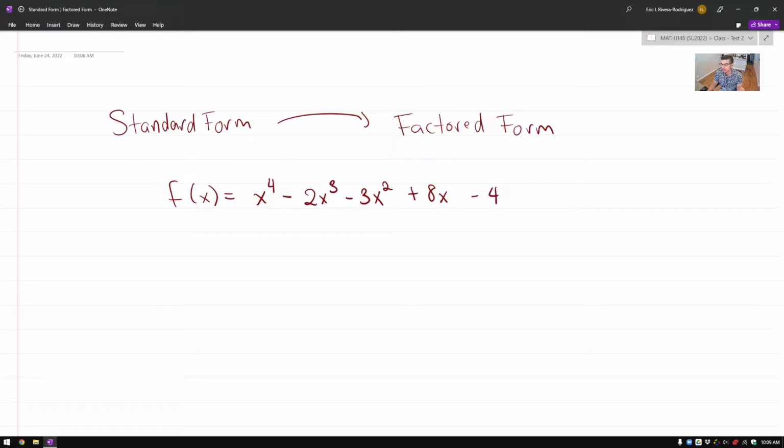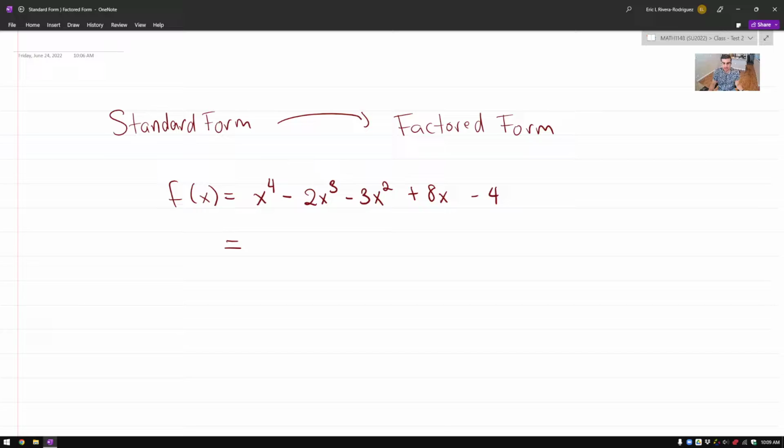Okay, so we have a polynomial. This polynomial is not the true standard form because it's the simplified form. But let's take this as, for the moment, the representation of the standard form of this polynomial. Okay, so what do I mean by the factor form?